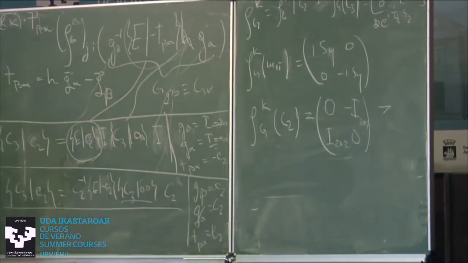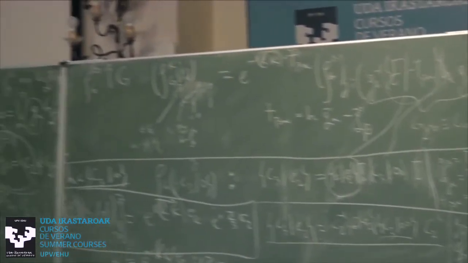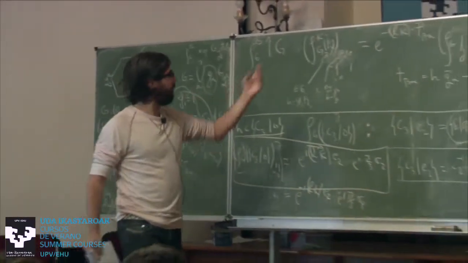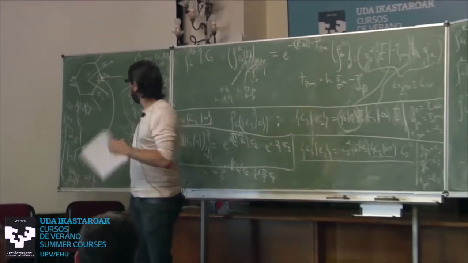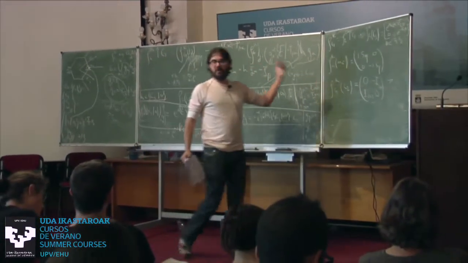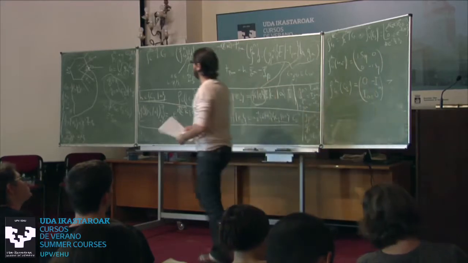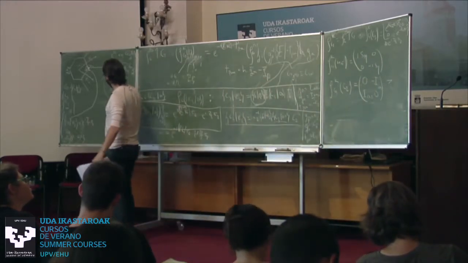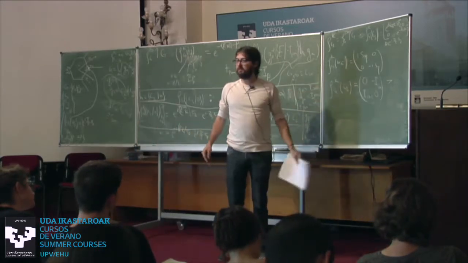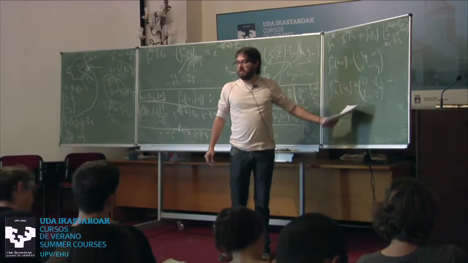So moral of the story, when I induce from some representation to the full group, the elements that belong to both the full space group and the site symmetry group, or the subgroup, come with an induced representation which is diagonal. The elements which don't, which belong to the coset representatives, C2 for example here, come with off-diagonal matrix elements. Okay? I leave you to check that this is a representation of the full group.